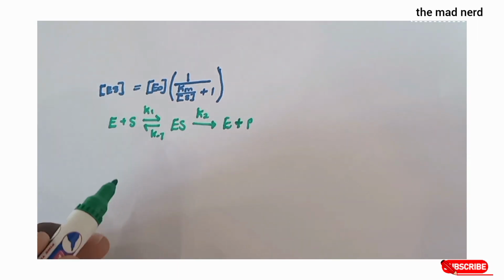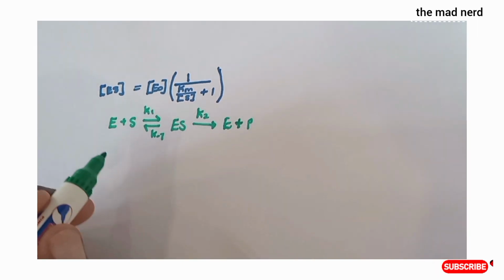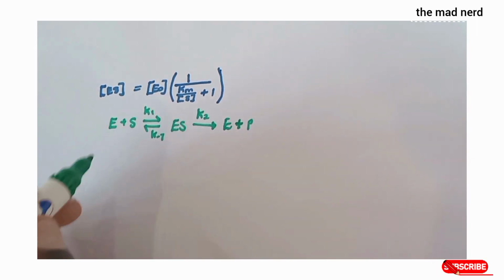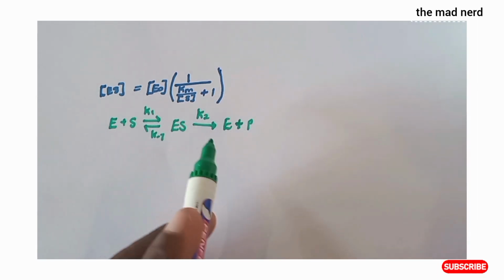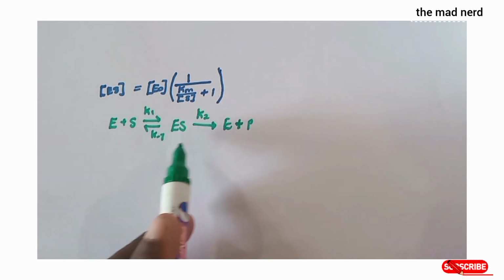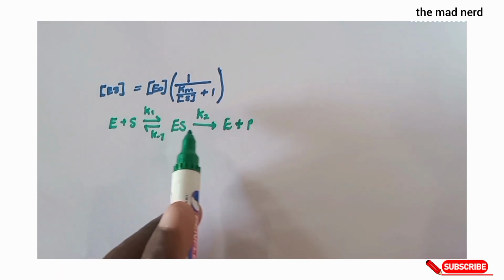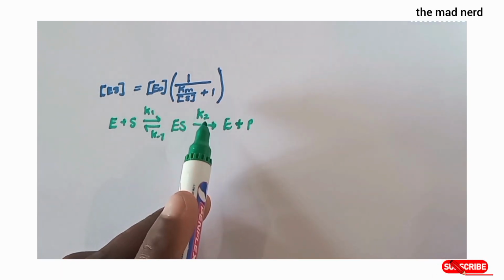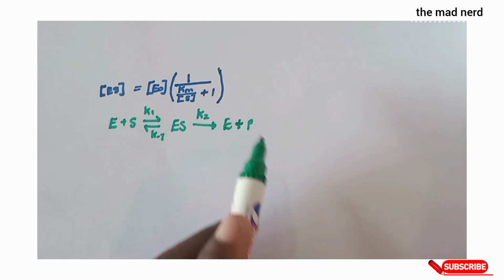So now we need to find the rate of the formation of the product. Since we can see that the ES is the reactant, it has a rate constant that is K2, and then it forms the enzyme plus a product.